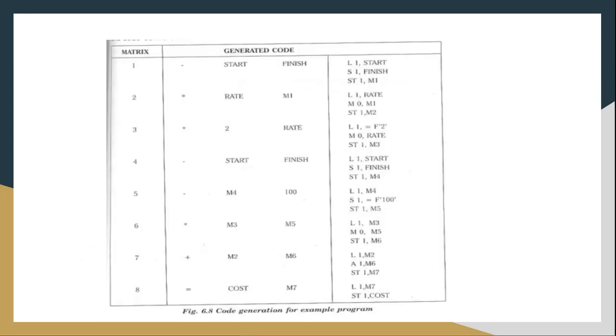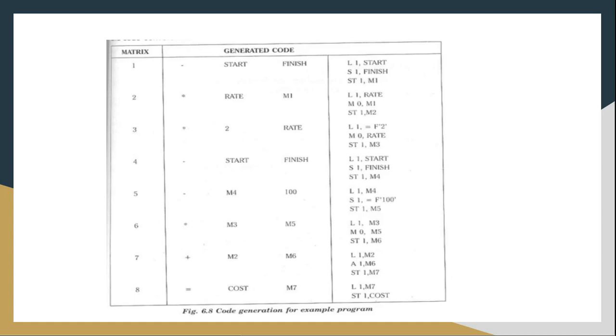Now we are moving on to the example. So far we were discussing a particular example, that is cost assignment statement. So this is the matrix form of this particular assignment statement.